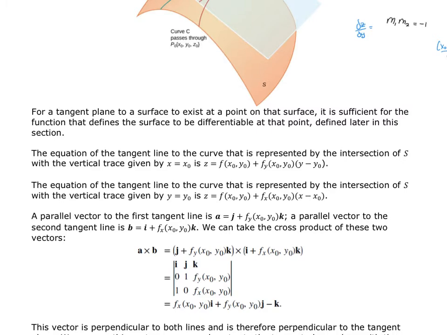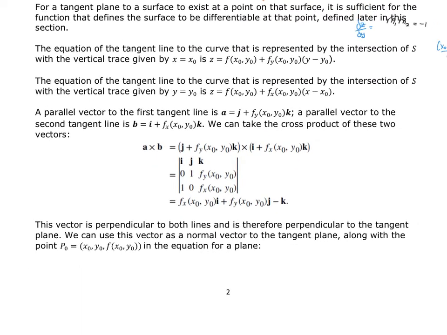If we take the cross product, like what we did up above, we're going to get the partial derivative with respect to x of x naught, y naught in the i direction, the partial derivative with respect to y of x naught, y naught in the j direction, and then minus k. And this vector is perpendicular to both of the lines that we had before, and therefore is perpendicular to the tangent plane.